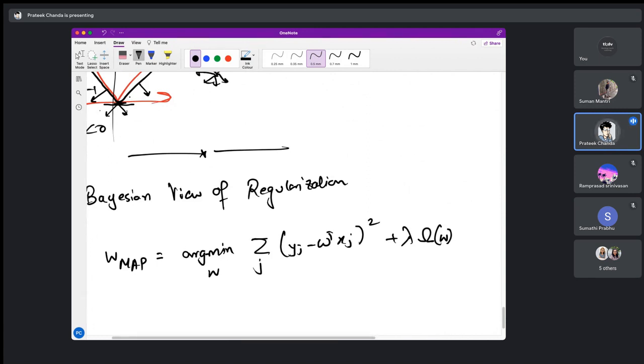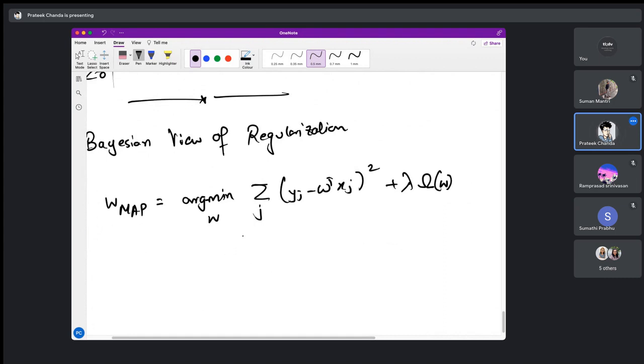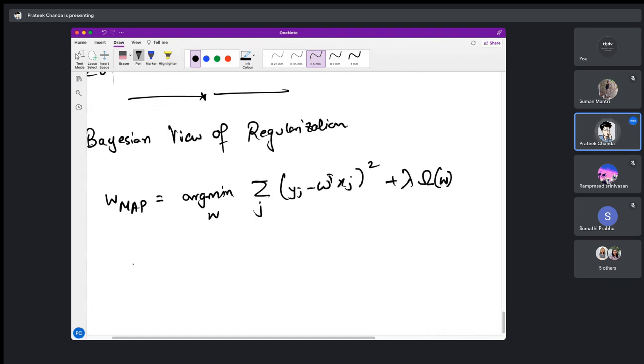Now this function can be achieved through many different assumptions. One is that I can have an L2 norm, and it can lead me to ridge regression. Otherwise it can be L1, which leads me to lasso.